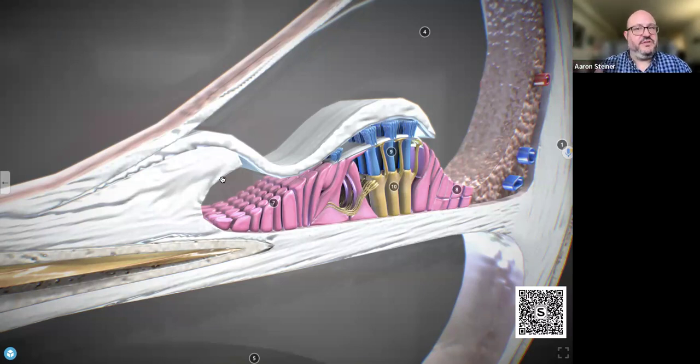The middle ear has three little bones in it called the malleus, the incus, and the stapes. When those bones move, they cause a wave to travel inside the inner ear, in the cochlea, and that's where the hearing actually takes place.